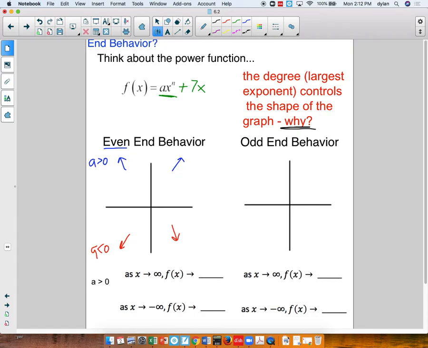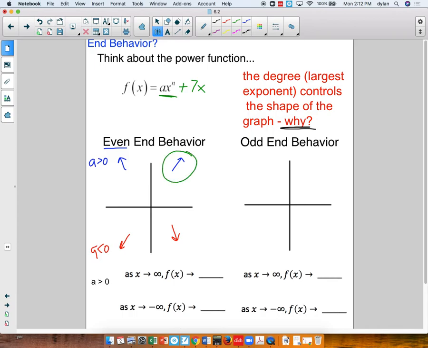Now, we're going to use a special kind of notation, what's called end behavior notation, to describe this. Basically what this notation says is, as x approaches infinity, as x gets really, really large, f of x, or in other words, the y values. Now, if a is positive, you can picture that as x approaches infinity, we're looking at this arrow up here, because x is approaching infinity.